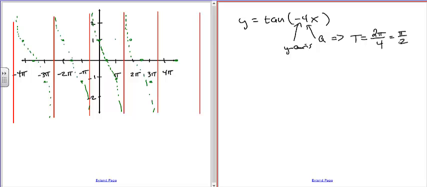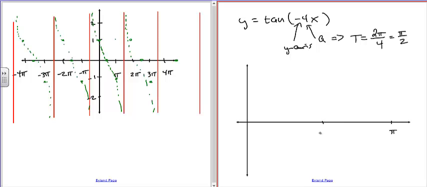So let's draw our thing, we're switching back to the 2 periods to the right of the origin. So if 1 period is pi over 2, then 2 periods is pi.